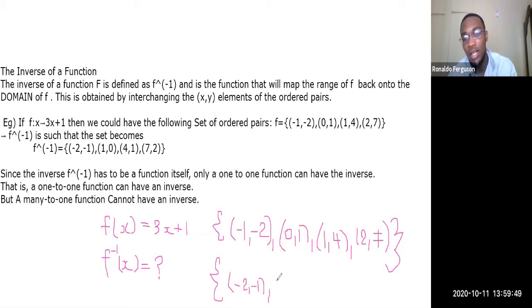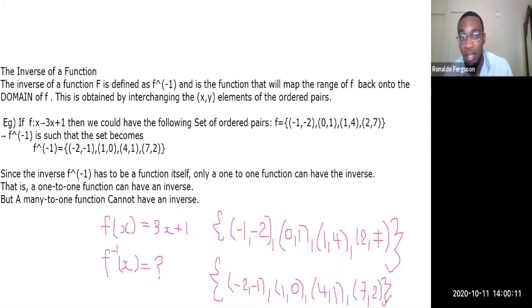Then it becomes 1, 0, because we're interchanging x and y to find the inverse. Then 4, 1, and 7, 2. And that gives us f inverse.